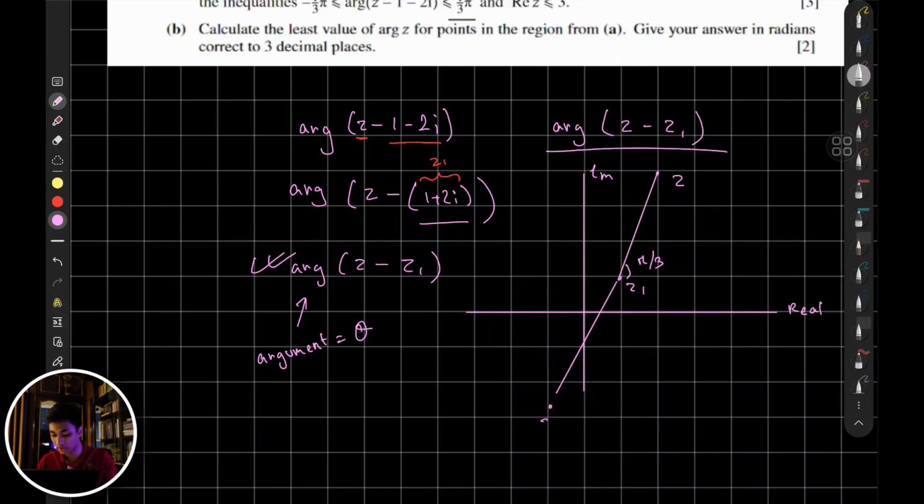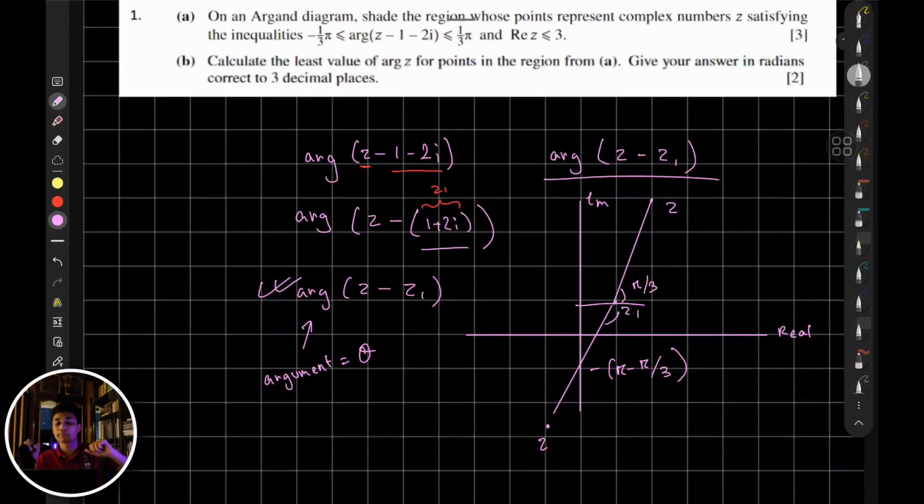If z would be over here, the argument would be minus, pi minus pi by 3. Why? Because since it's on the negative side, the theta is negative. Minus pi by 3. So you're subtracting theta from 180 and adding a minus sign in front of the entire theta to get the argument.